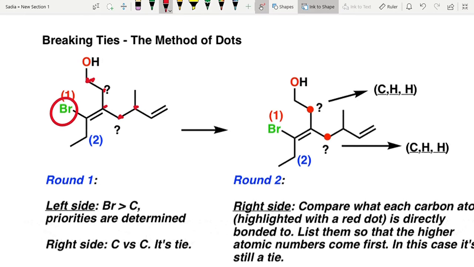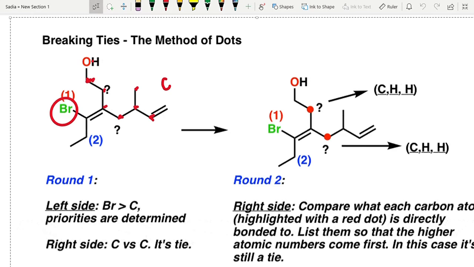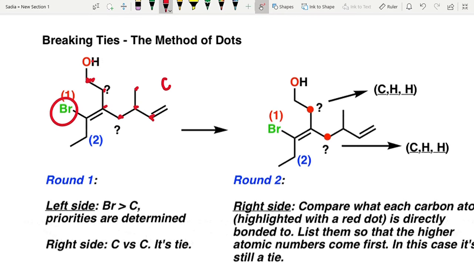Then we'll move forward. Over here we have a carbon and a carbon, which means we'll take just one carbon, which means carbon is binded directly, and to this carbon atom oxygen is binded. When we're saying that we have oxygen binded directly to it and carbon binded directly to it, we're going to compare oxygen and carbon.